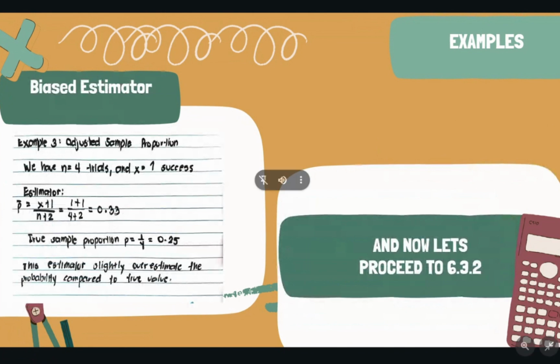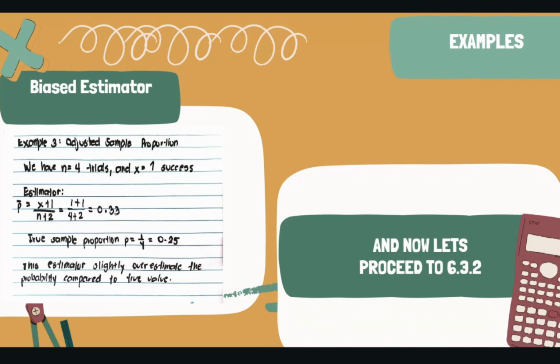The last example is the adjusted sample proportion. We have now a sample of n equals 4 trials and x equals 1 success. The estimator is p-hat equals x plus 1 over n plus 2. So 1 plus 1 over 4 plus 2 is equal to 0.33.